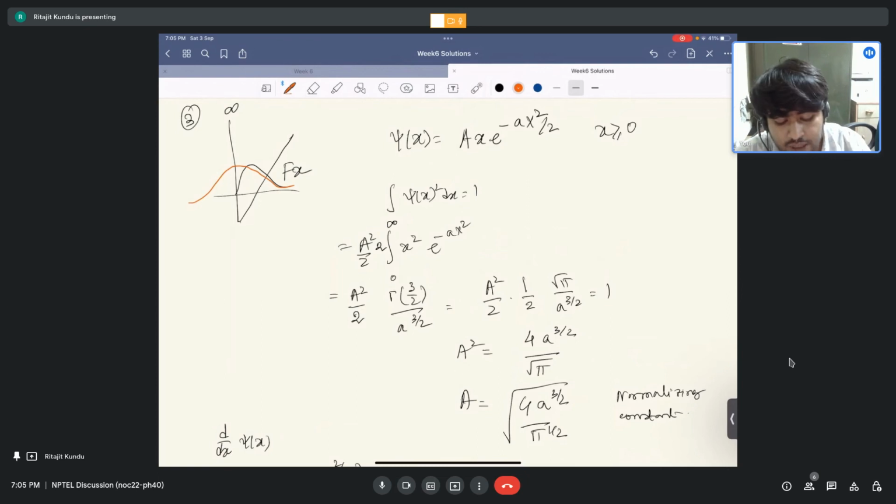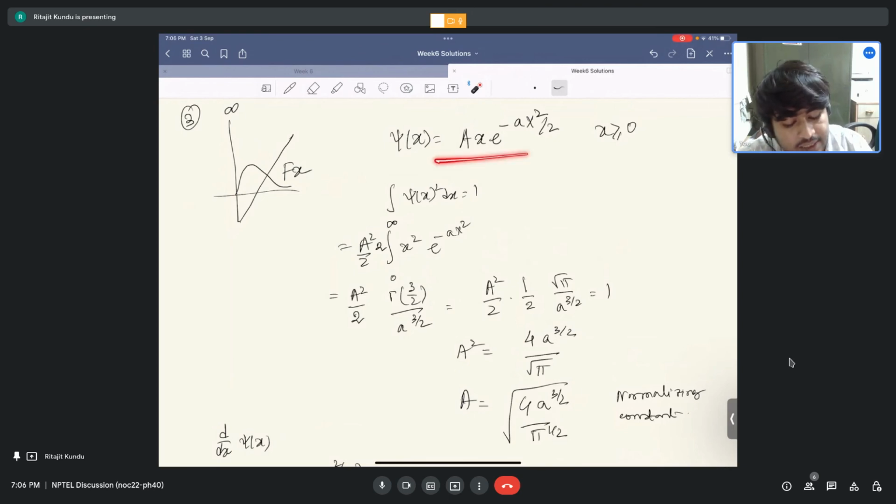Because I have one hard wall sitting here, and I have to make sure that any solution I come up with becomes 0 at that point. One way to do this is to multiply by x with this Gaussian. That will make it 0 at the wall, and at infinity it also becomes 0. This gives some nice features that you want in the ground state of this Hamiltonian.